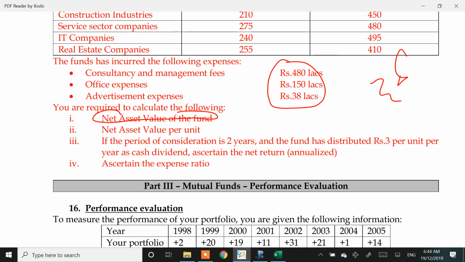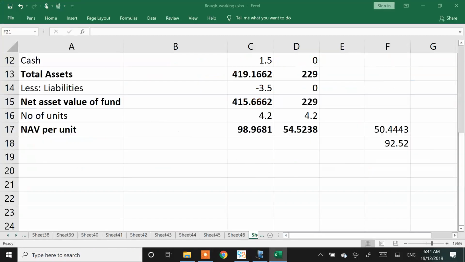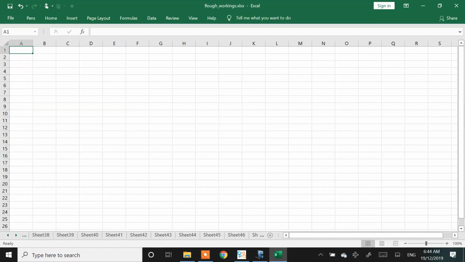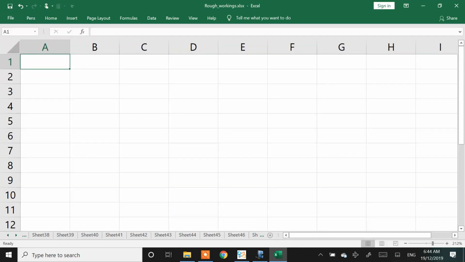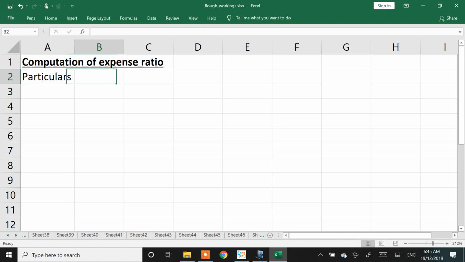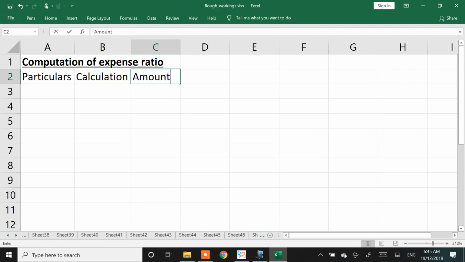Next, computation of expense ratio. Particulars, calculation, amount.